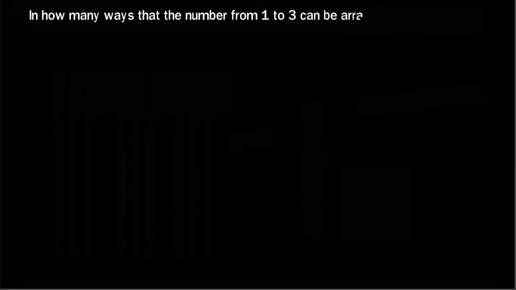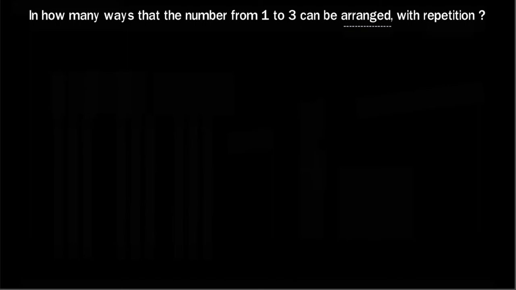Let's move on to some exercises to help you further in understanding the concept. First exercise: in how many ways can the numbers from 1 to 3 be arranged with repetition? The keyword here is actually arrange. When you see arrange, you know that this is a question of permutation.